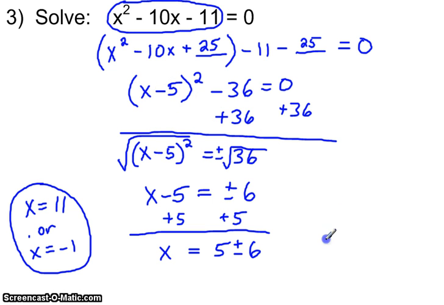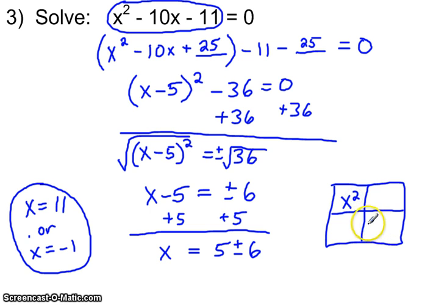We could have done the window method. Check this out. We could have done negative 11 and positive 1 here. So we would have got x minus 11, x plus 1, and when we set them equal to 0 and solve, we would have got an 11 and negative 1.